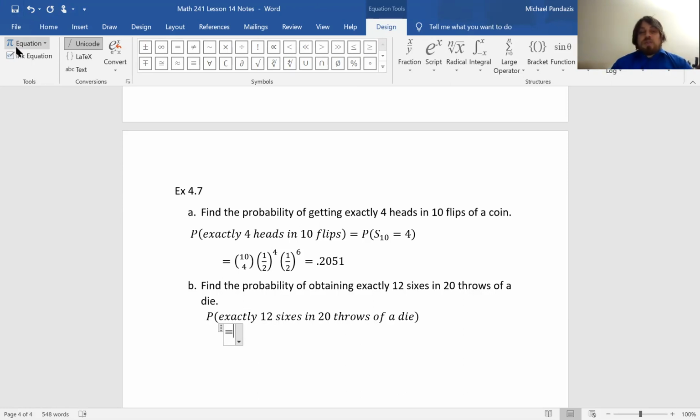But the goal is to either roll a 6 or not roll a 6, right? We want to find the probability of exactly 12 6s in 20 throws of a die. So in each experiment, you either succeed at throwing a 6 or fail at throwing a 6. And so that's how it's a Bernoulli trial, right? It's not a Bernoulli trial because there are two outcomes in your experiment.